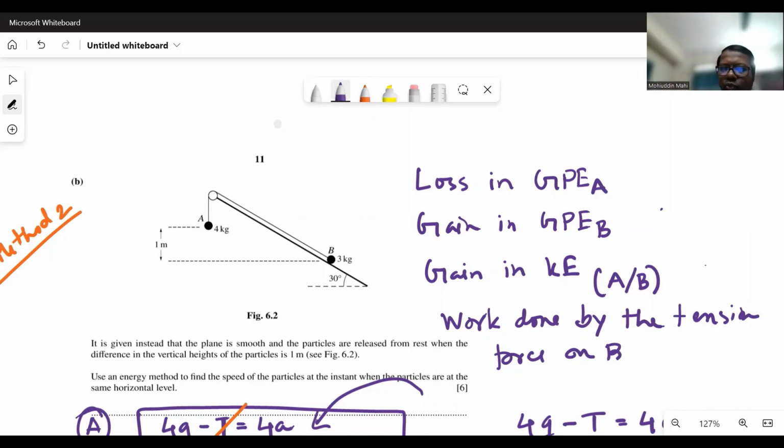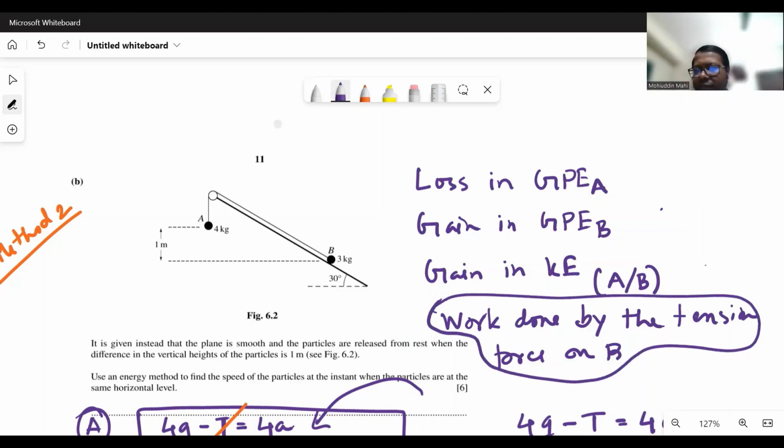How? Because the work done by the tension force on B is converted to the gravitational potential energy and the gain in kinetic energy of B. Work done by the tension force on B is creating the gain in gravitational potential energy of B and also the gain in kinetic energy of B. So when you are writing down work done by the tension force on B, you cannot write down gain in gravitational potential energy of B and gain in kinetic energy of B. Be very careful.